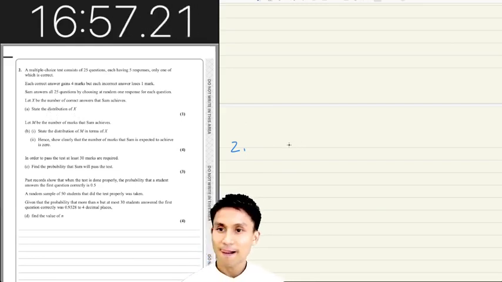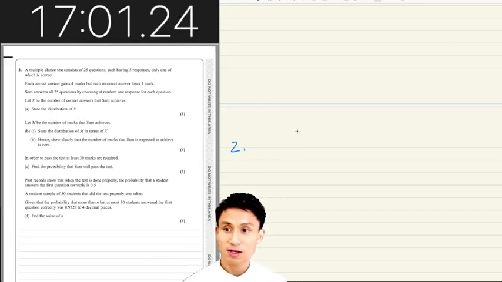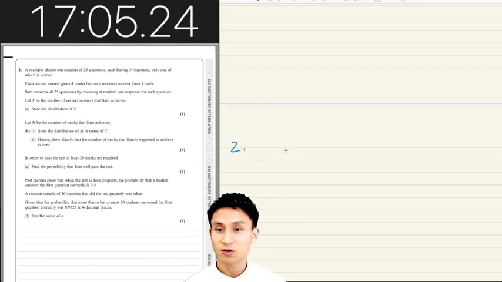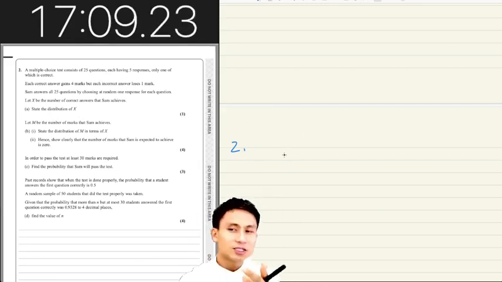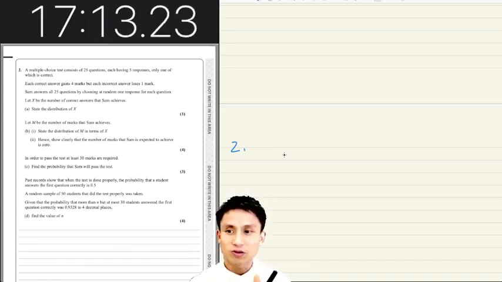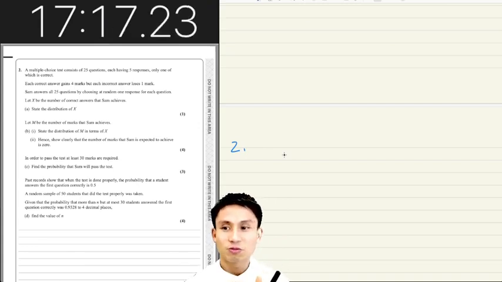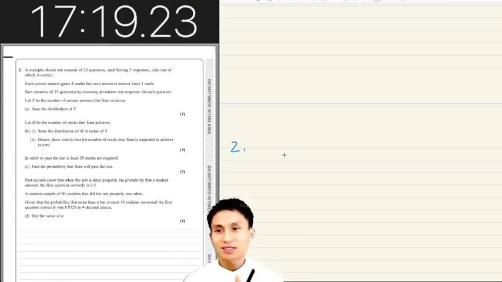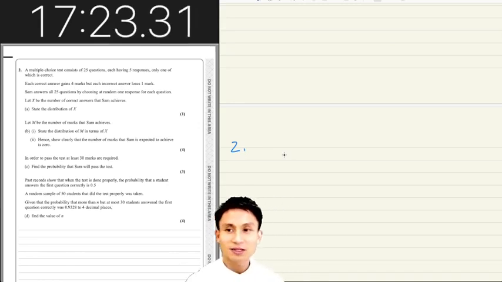Okay. All right. Distribution of X. Distribution in this case would mean how do we model X, right? So do we model it as Poisson, binomial, or normal? This is discrete because you can't have 4.5 questions to be correct.